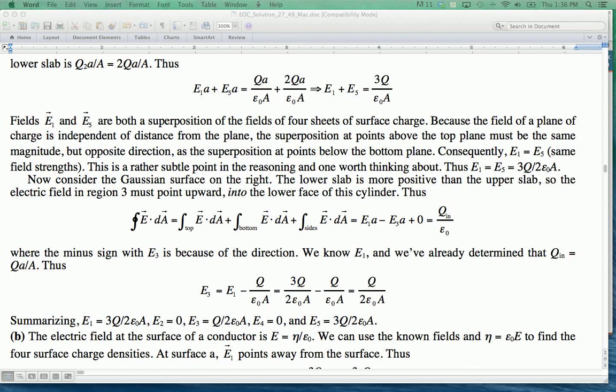Now I'm going to pick, and why did I choose this point to put my Gaussian surface on? It's outside all the charge. It puts everything inside. What else? Anyone? True. I know that specific distance.